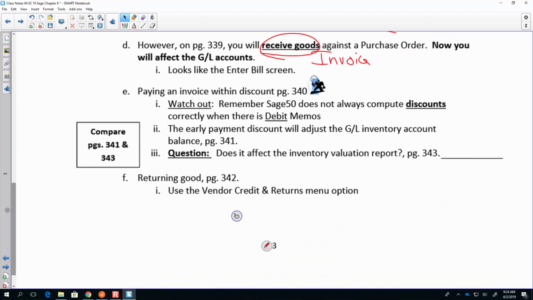Finally, we've already talked about this as well. I'm on the vendor side, right? It's a debit memo, which means what? I've reduced my invoice for some reason. Either the item was returned or we had a reduction in cost. So whatever the debit memo is or the reason for it, please watch the discount, the early payment discount.